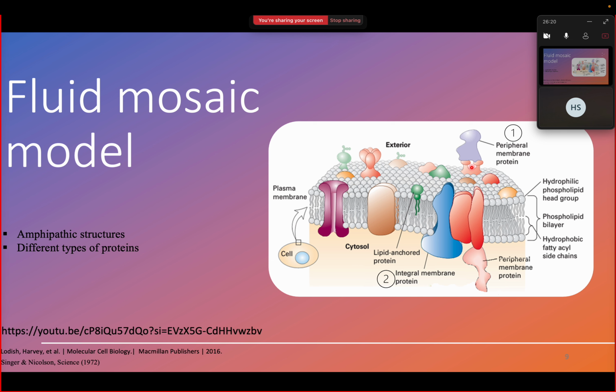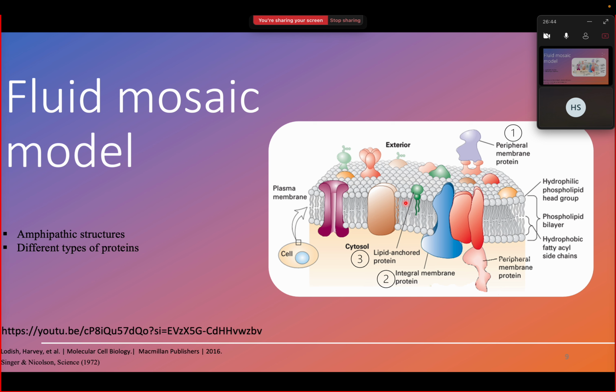Another type of protein is called the integral membrane protein. As you can see, integral membrane proteins are the ones which transverse the membrane completely. That is, they transverse the lipid bilayer completely, and a major chunk of the protein is in between the lipid bilayer.